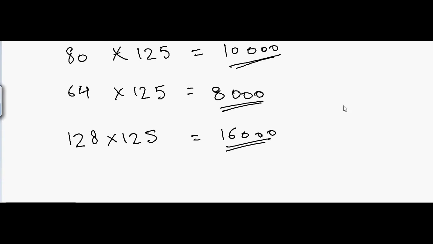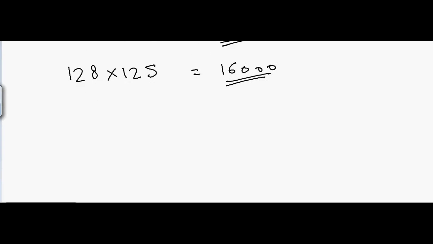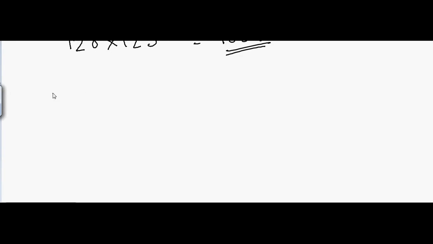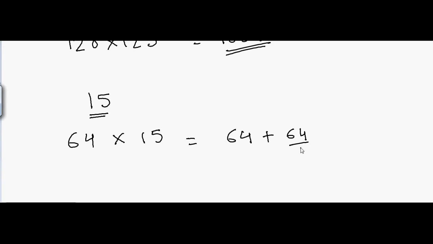Now let's go to multiplication by 15. In case of 15, this is a little different. Suppose we have 64 and want to multiply it by 15. In this case, what I will do is take 64 and add 64 divided by 2 to it, and then multiply by 10.